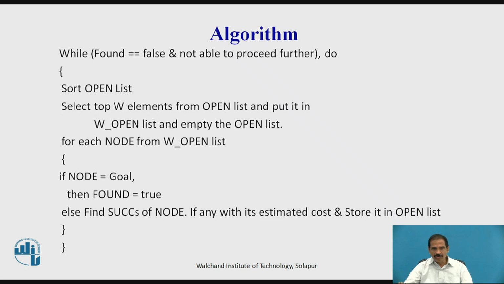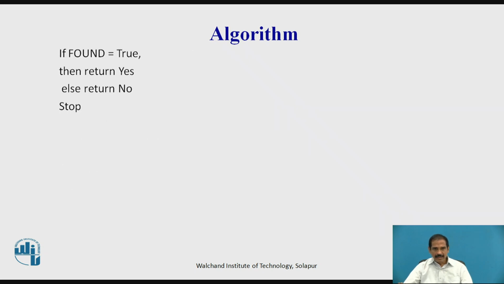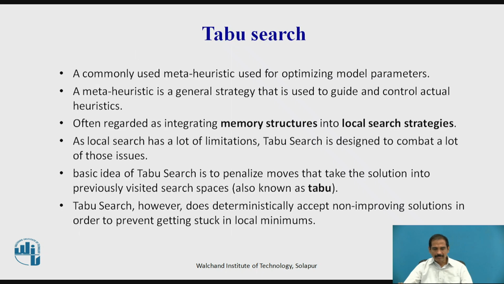For each node from this W open list, which are the nodes in the width of your beam, if the node is a goal, then we are done. Else, find its successor nodes. If the estimate is better, then put it in the open list. If found is true, we return yes and we are done. Else, return no and stop the algorithm.